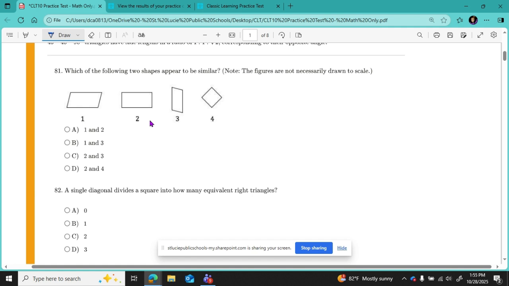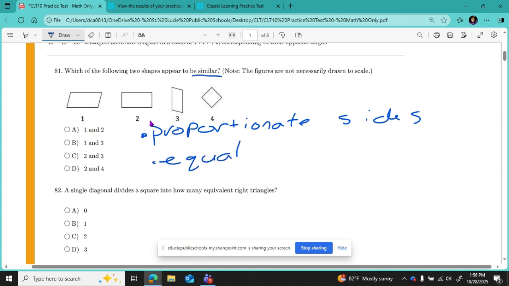So if I look here, I can see which two shapes appear to be similar. I know that similar shapes have proportionate sides and equal angles. So I can see that shapes 2 and 4 have equal angles, all 90 degrees.